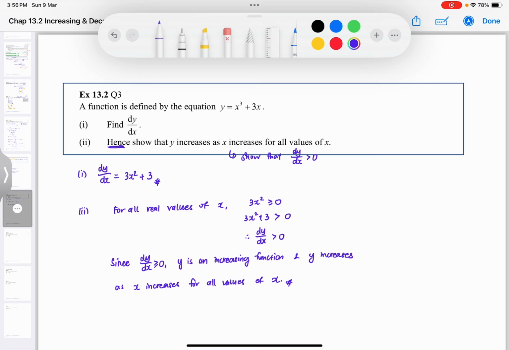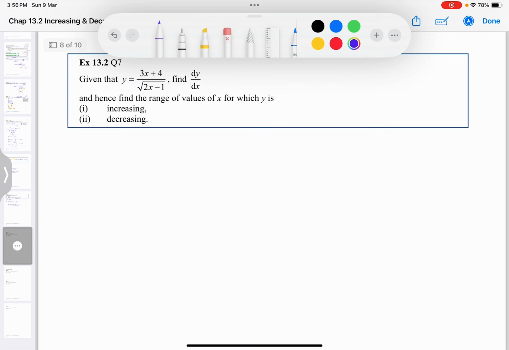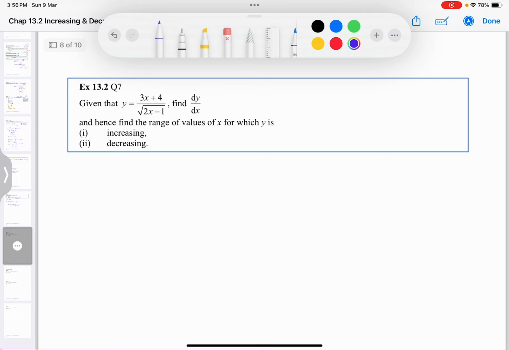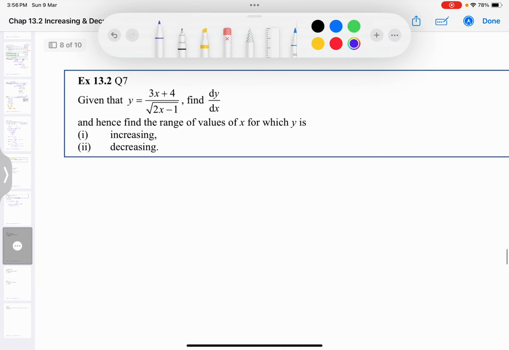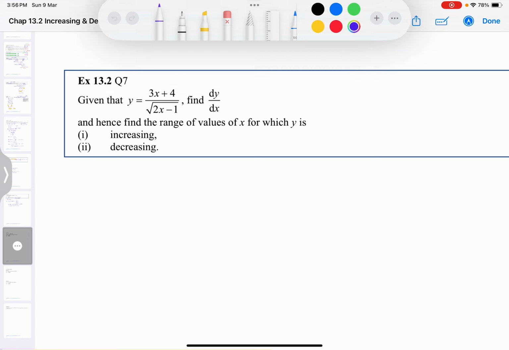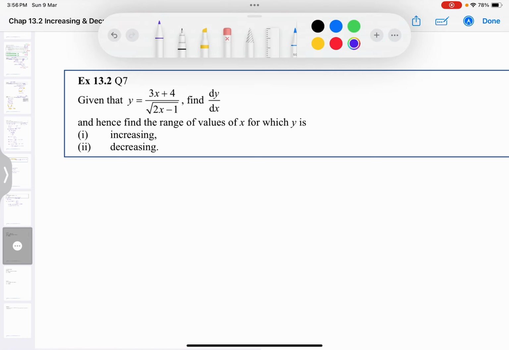Okay, with this you can also now try the next question. So you can try the next few questions in the worksheet. I will upload the answers into the Google Classroom.